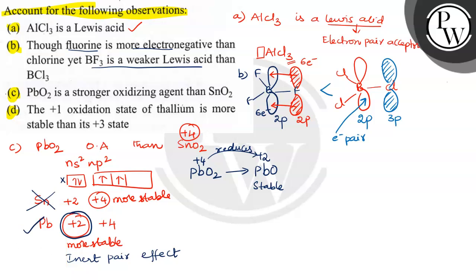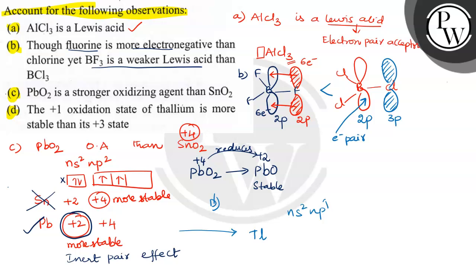Now, in statement D, what is given? The +1 oxidation state of thallium is more stable than +3. Same, just like lead. Lead is in the group 14 elements and thallium is in group 13. In group 13 elements, thallium is the last element, meaning just before lead only thallium is present. So thallium's outermost configuration is also ns2 np1.